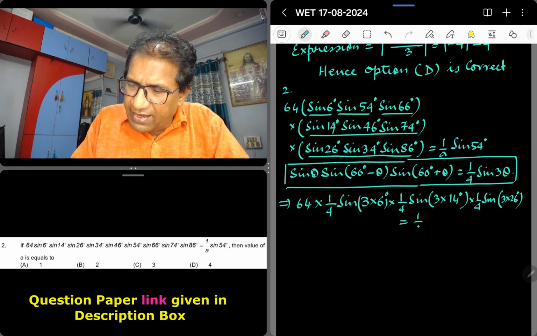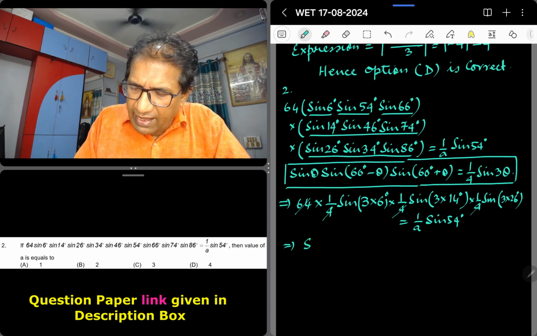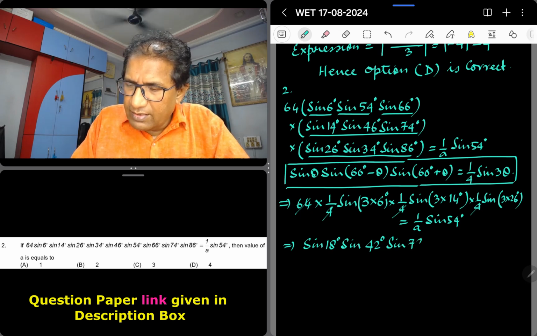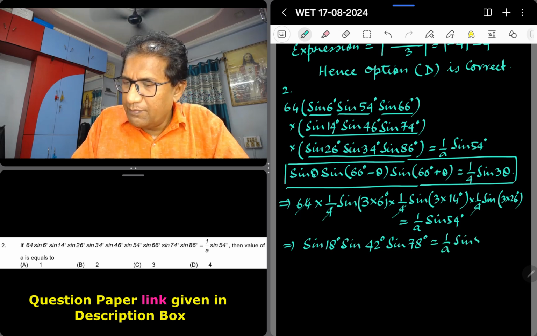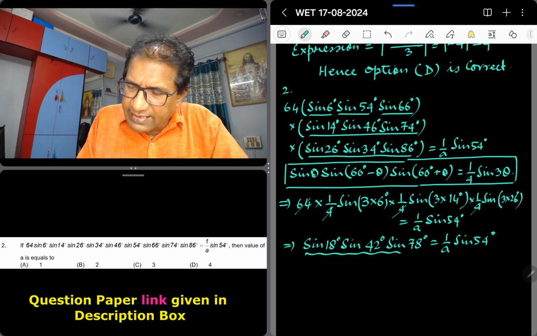And in the right hand side, we are having 1 by a sine 54 degrees, right? Now, this all cancels. Now we are having sine 18, sine 42, sine 78 degrees, which is equals to 1 over a sine 54 degrees.